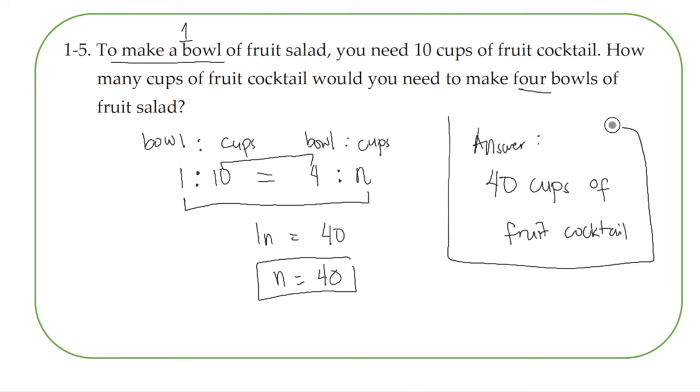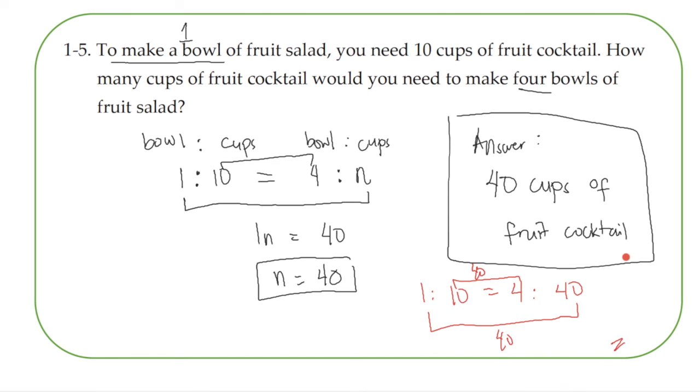So, para ma-check kung tama yung sagot ninyo, assume natin na papalitan na natin yan yung letter N. So, we have 1:10 equals 4:40. So, to check, we multiply the extreme and means again. So, we have here 10 times 4 is 40, and 1 times 40 is 40. Therefore, our answer is correct.